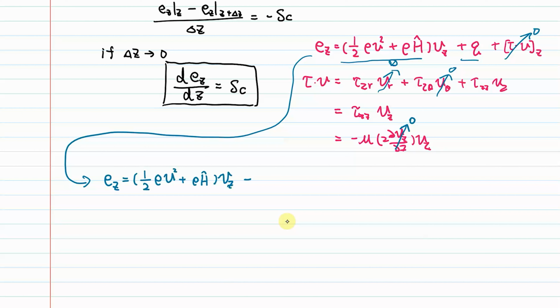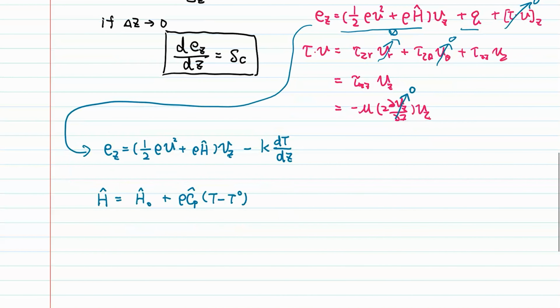And we can expand the conduction term as k dT/dz. Now, the enthalpy part can actually be written as some reference H0 plus rho Cp times the actual temperature minus the reference temperature T0. And you can see that this is a scalar, and this is a scalar.